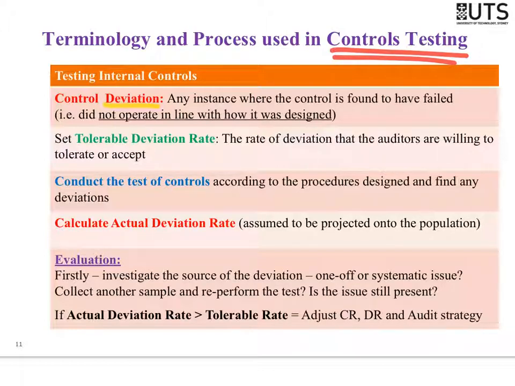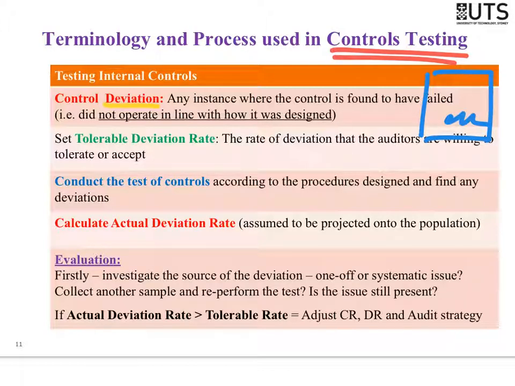Now, to give you a further understanding of this, allow me to provide an example. So say we are testing a particular document. And of that document, we are testing that the correct manager has signed off or approved that document. In this test, that's what we're looking for. We're looking for the signature.